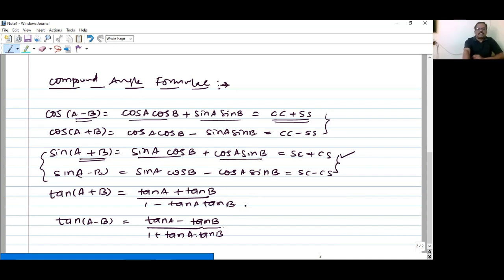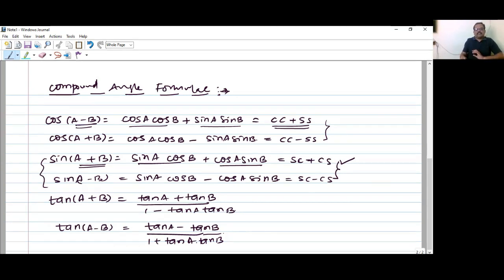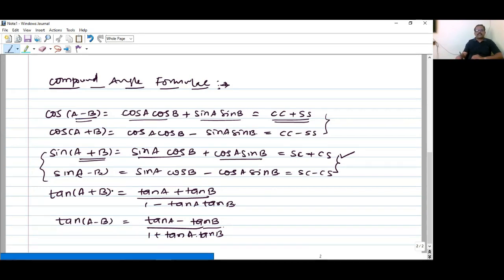So now let's see the remaining part, that is the formula for tan, which is not that complicated to remember. For tan of a plus b, it is tan a plus tan b upon 1 minus tan a tan b. Whereas tan of a minus b is tan a minus tan b upon 1 plus tan a tan b.